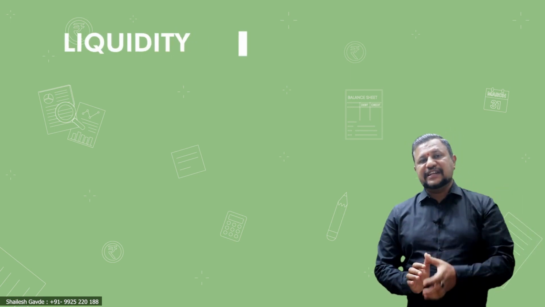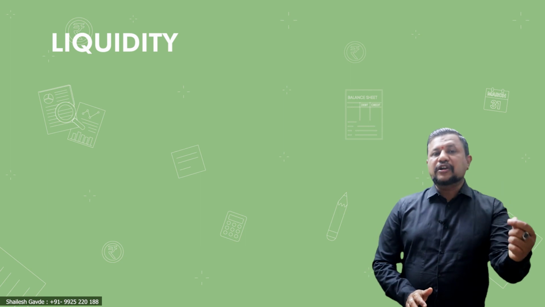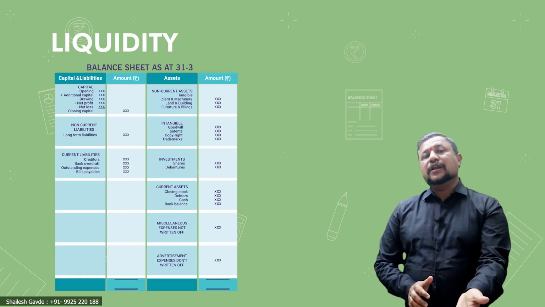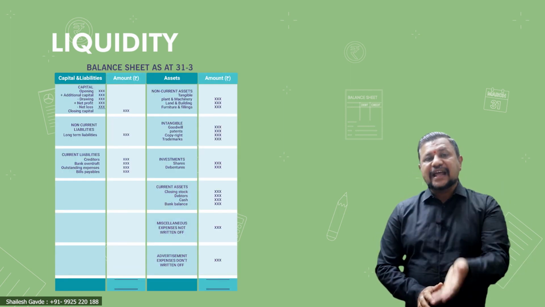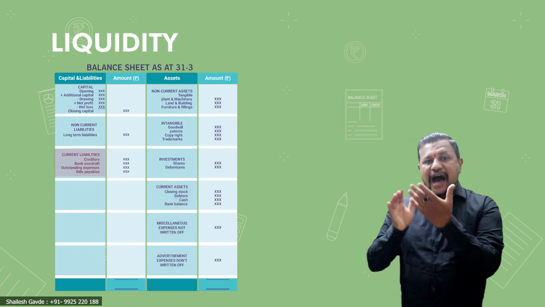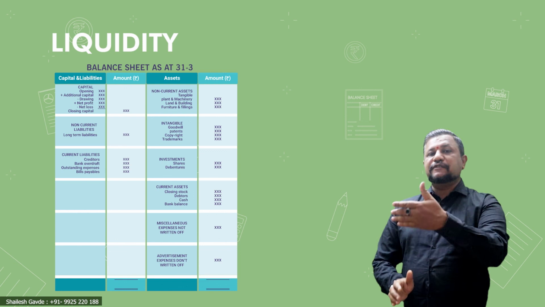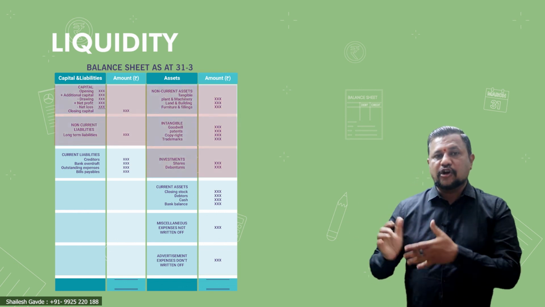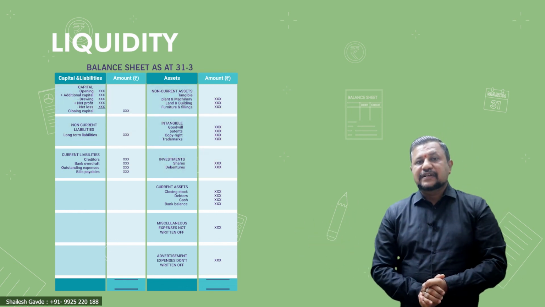Similarly, balance sheet can be prepared in other format also, which is known as order of liquidity. As per the order of liquidity, all liquid assets and liquid liabilities, that is current assets and current liabilities, are written first, gradually followed by non-current assets and non-current liabilities.